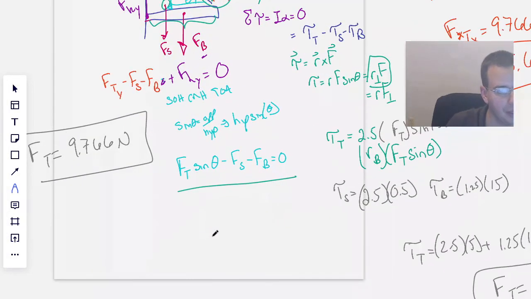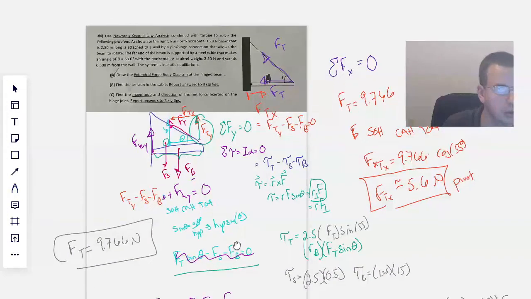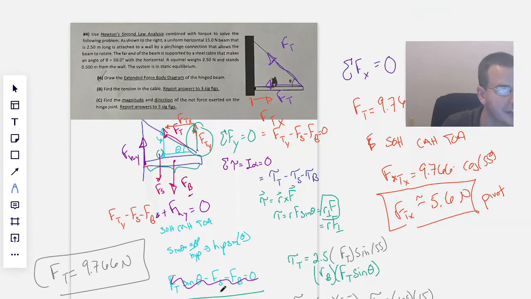So I can come down here, get rid of this. Force hinge in the y direction equals force squirrel plus force beam, minus force tension in the y direction. Force squirrel, we know, was 2.5.